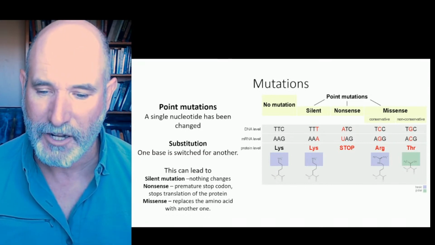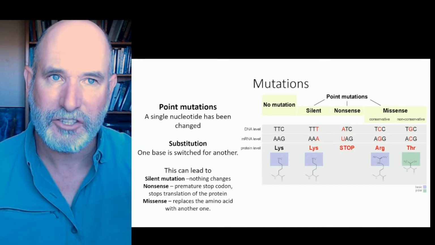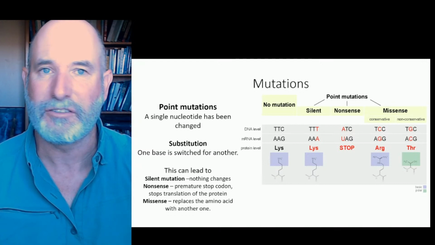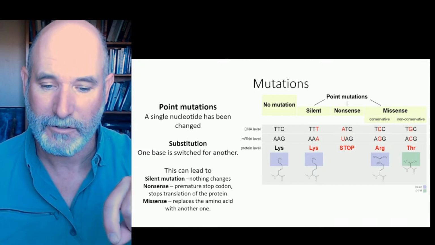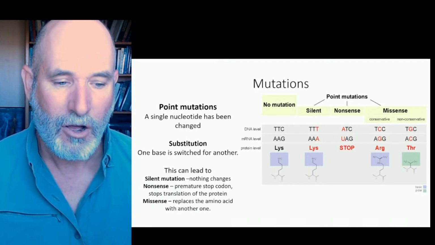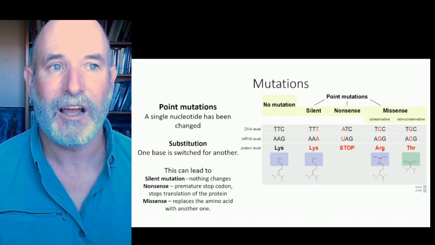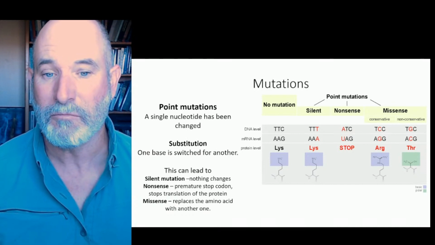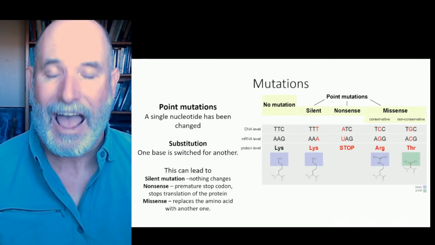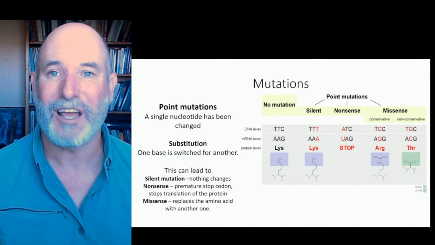If you remember, the genetic code has a codon where that third position, so you've got like a TTT, that third T, if you switch it to an A, you still code for the same amino acid. So it's silent, it doesn't have any effect. Well, it turns out that these silent mutations might not be so silent, because anytime a cytosine gets removed or added, that can affect what's called methylation, which is a type of epigenetics.